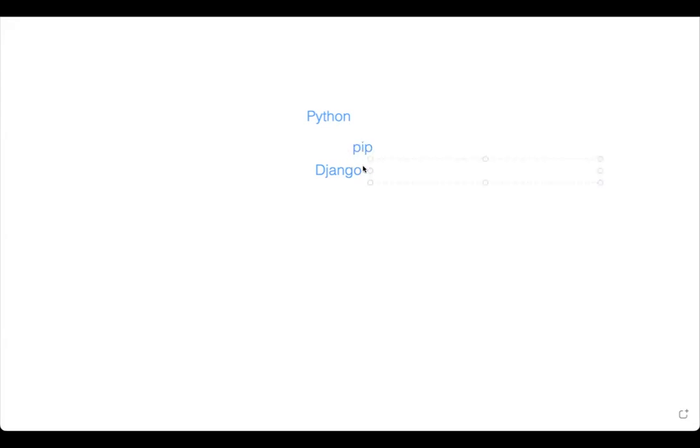Data scientists use NumPy and Pandas. If you want to connect MySQL, for instance, to your Python project or your Django project, you need to install a package. So you use pip.